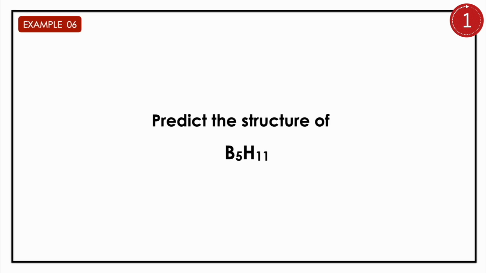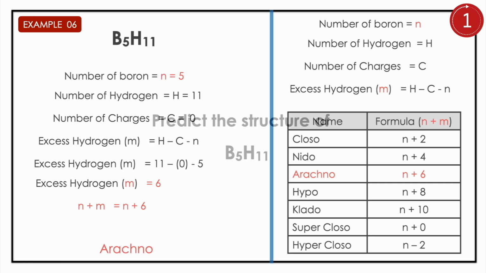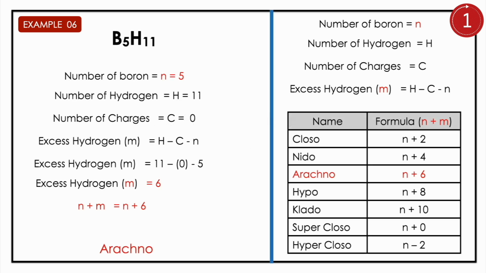Then the next example, here you have B5H11. You should find the structure using Wade's rule. It is a simple borane compound with boron and hydrogen. So straightforward, we will find the excess of hydrogen. Number of borons is 5, so N is 5. Number of hydrogens is 11, so H is 11.